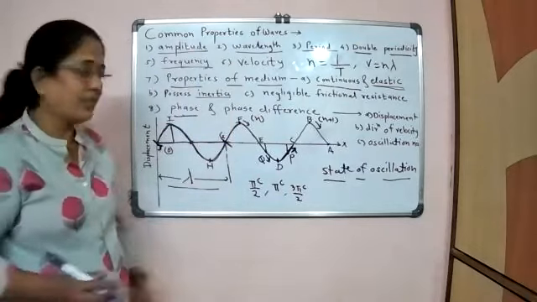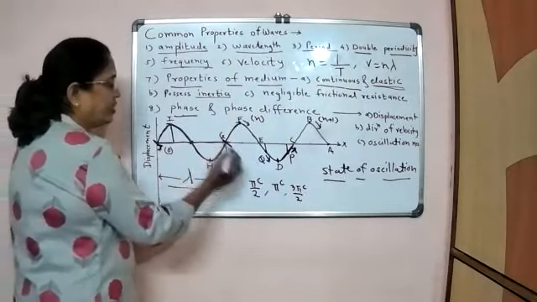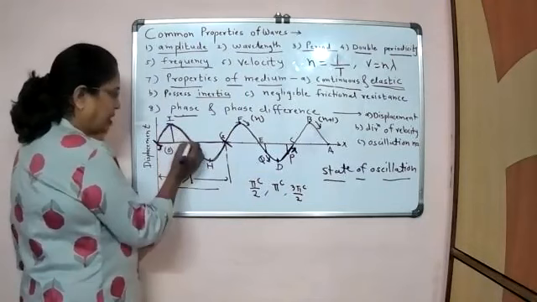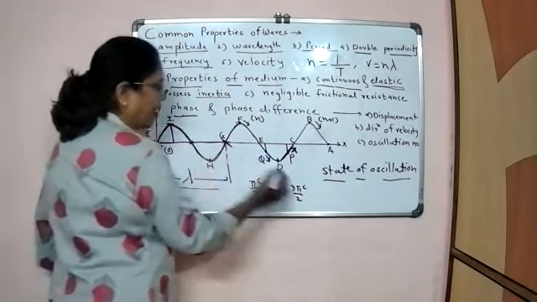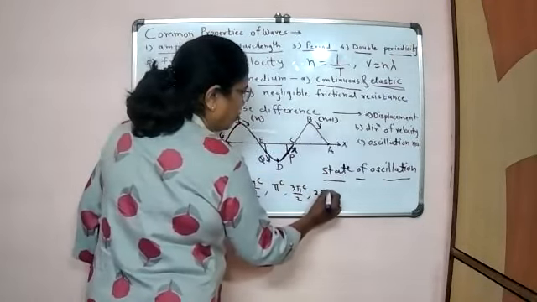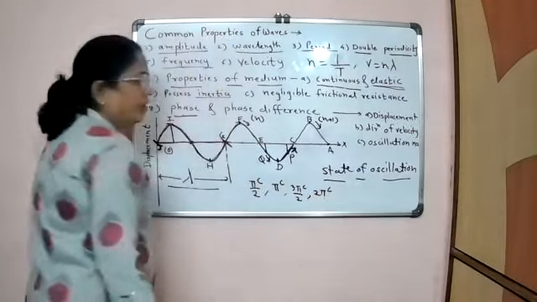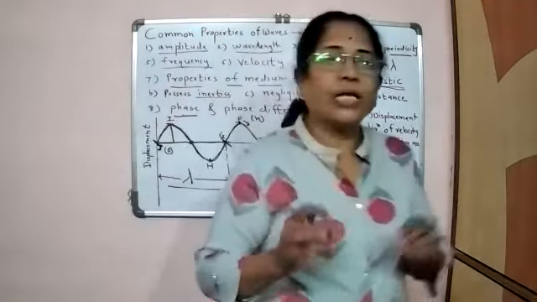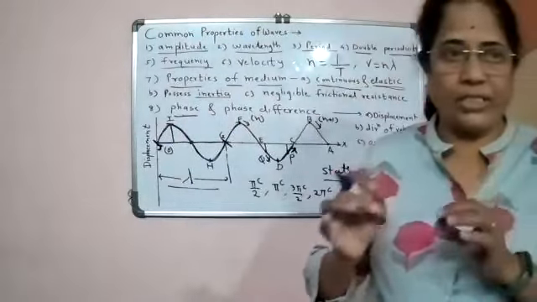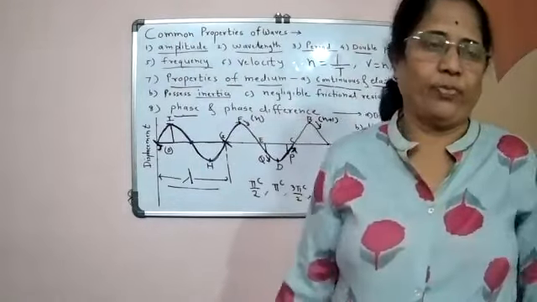Then phase difference between J and G, pi by 2 plus pi by 2 plus pi by 2 plus pi by 2, it is equal to 2 pi radian. अशा रीतीने फेज डिफरन्स डिफरंट पॉइंट्स मधला शोधायचा असतो.